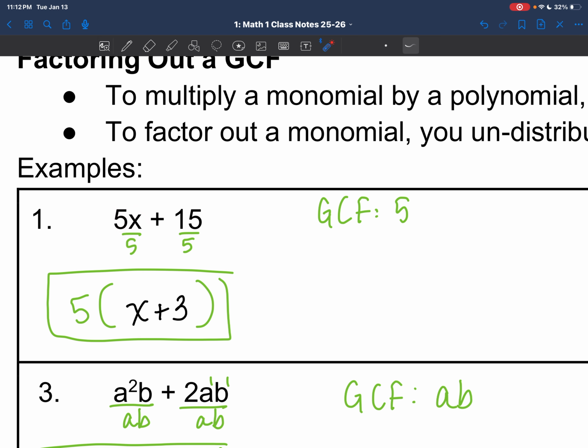That goes inside the parentheses. And then we're going to take 15 divided by 5, which is 3. So 5, your GCF, is outside, and everything that's left over goes inside the parentheses. This is factored.